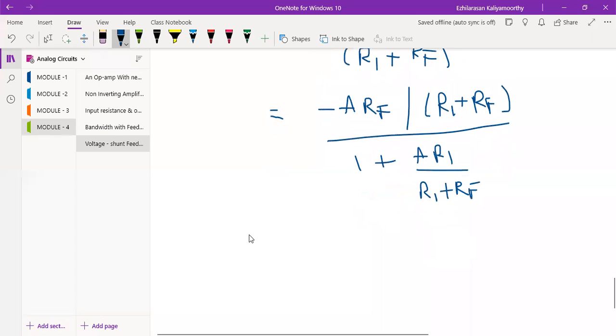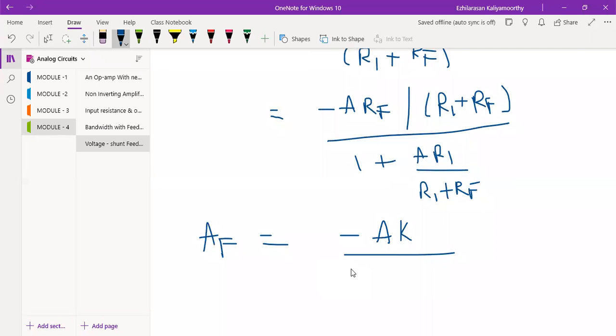Now I will write the equation as AF equal to minus AK divided by 1 plus A times beta.